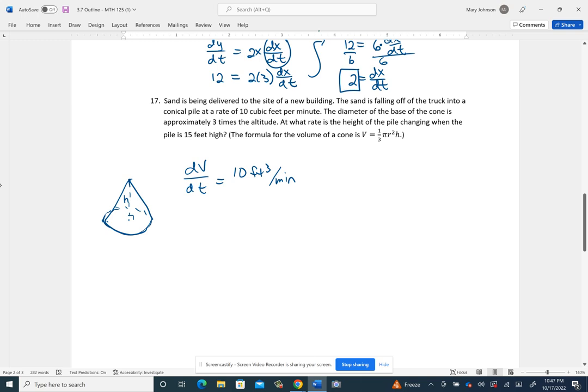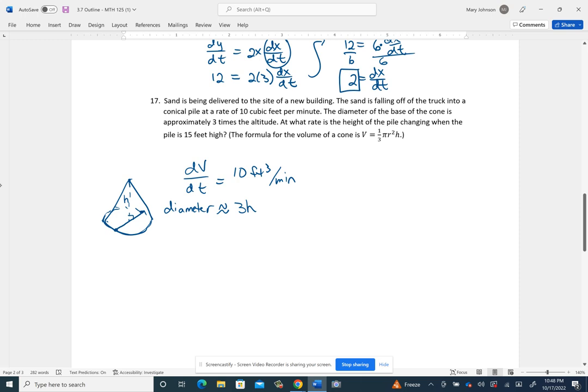The diameter, remember, is from one edge all the way through the center to the other edge of the circle that forms the base. So we know the diameter, and I'm going to write it out in words so it doesn't look like the D I've been using, is about 3 times the altitude. I'm using h to stand for altitude or height.